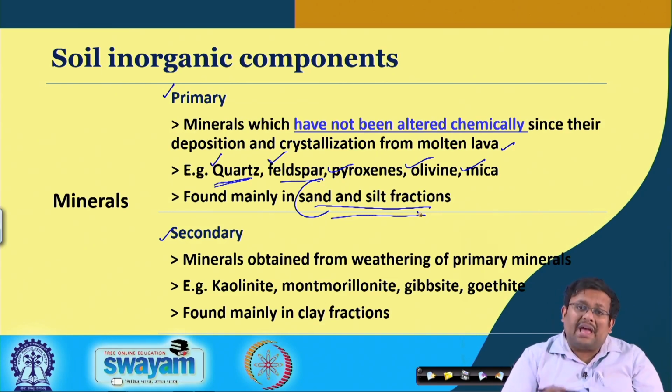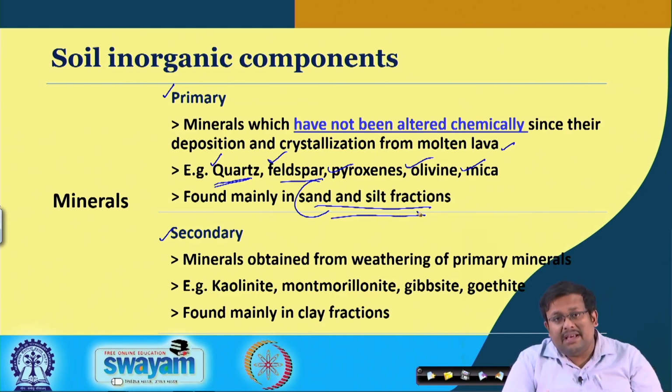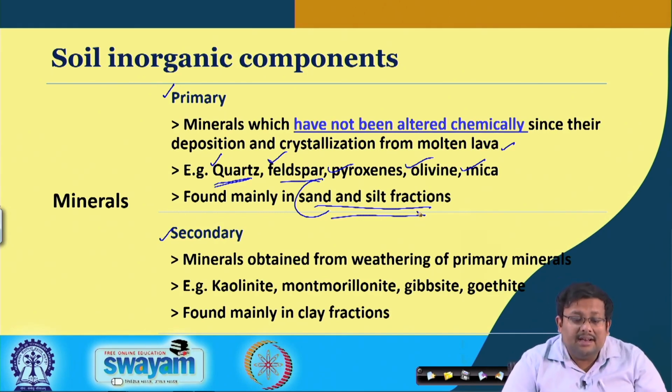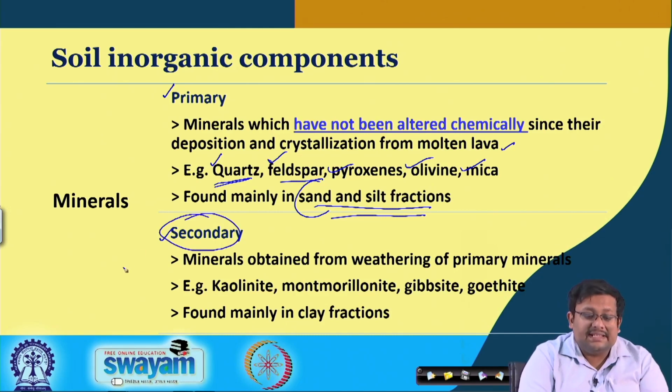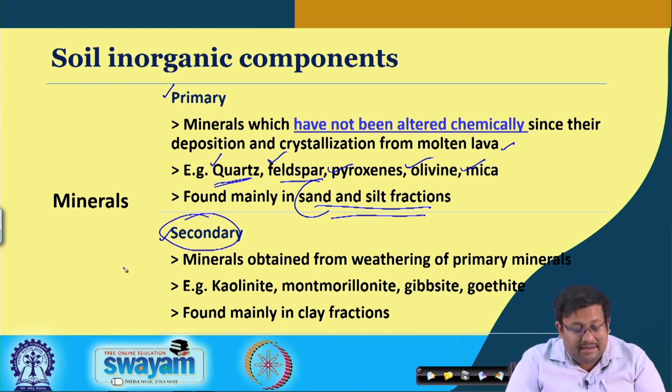Now, when these primary minerals, due to different types of chemical processes and other processes, change their chemical structure, then they are called secondary minerals. Now, remember the important soil separate clay is basically composed of these secondary minerals.